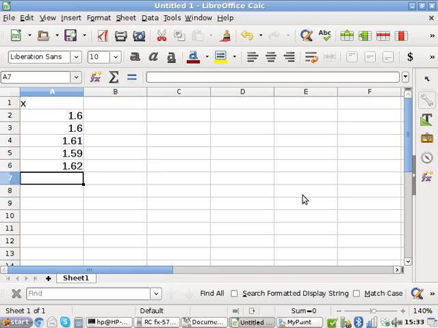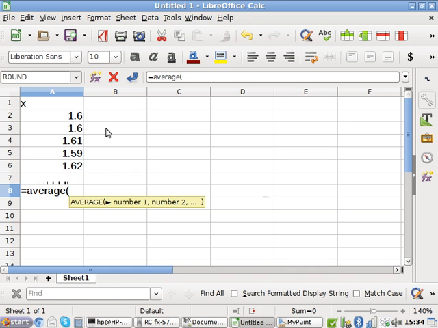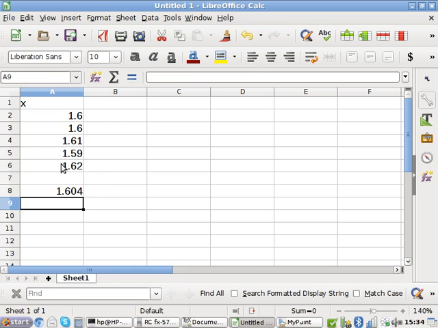So these are my measurements. So if I measure something 5 times, what is the best value I can use for my answer? Well, I should use the average, shouldn't I? So that is the average of all of these. 1.604.